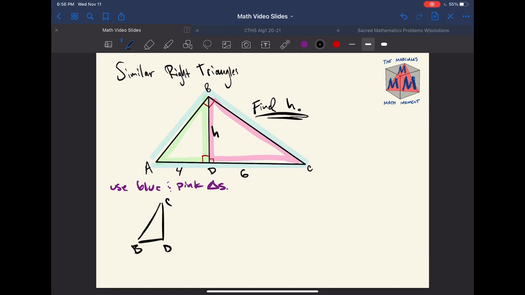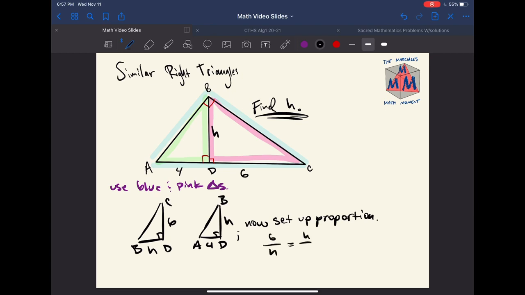I go ahead and draw the small green triangle, and I draw the medium-sized pink triangle, and I just leave the blue one alone. So I have the small triangle. I label the legs there. I have H as that horizontal leg, and then 6 is my vertical leg. And then I draw the other triangle, and I got 4 as the horizontal leg, and H is my vertical leg. And I'm going to use these pictures to help me set up my proportion.